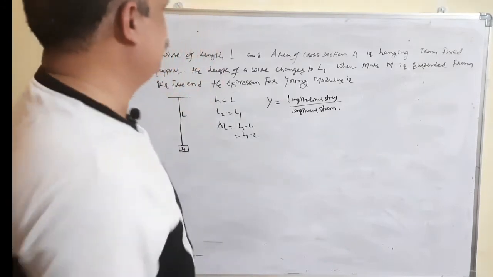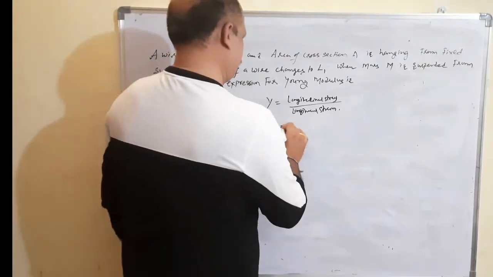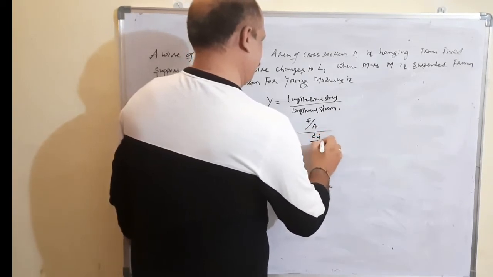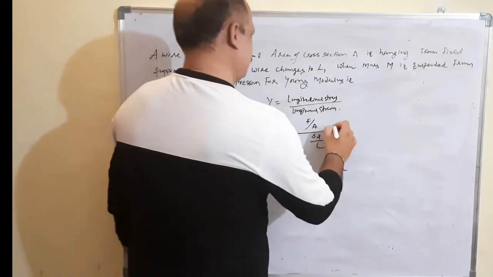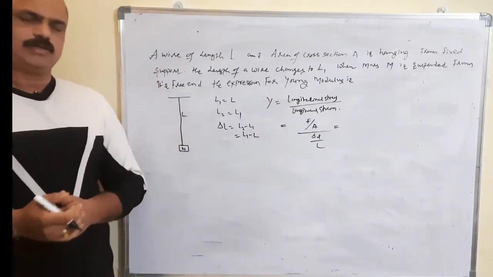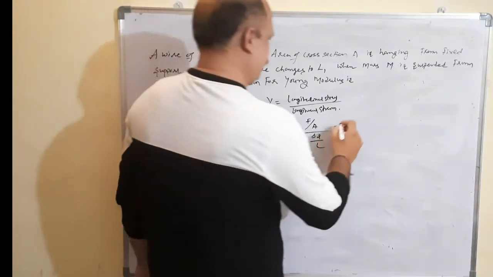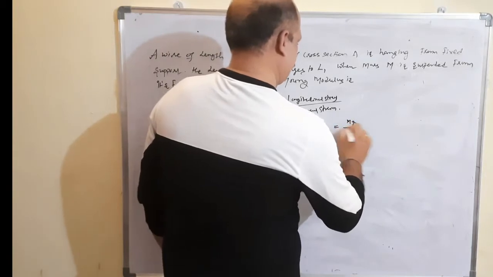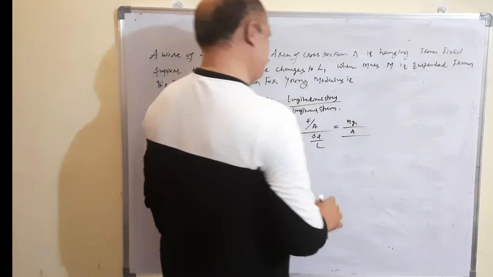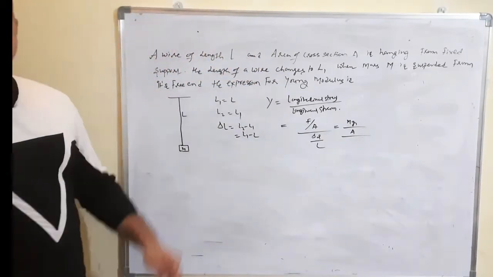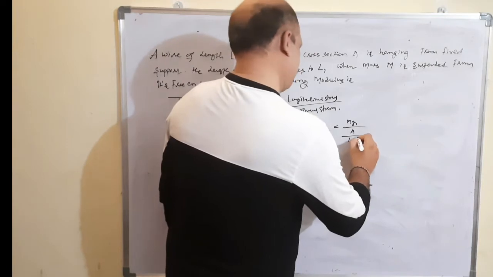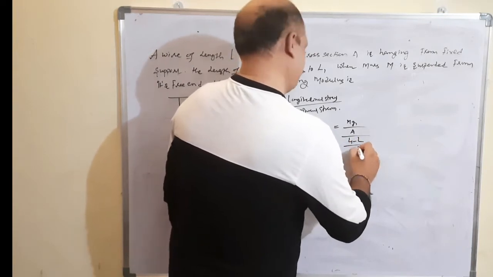Longitudinal stress, that means here F by A divided by delta L by L. Right. Here F means a load is attached to one end of the wire, so that F is equal to mg, divided by A. What is meant by delta L here? Change in length. So change in length is nothing but L1 minus L, divided by initial length.